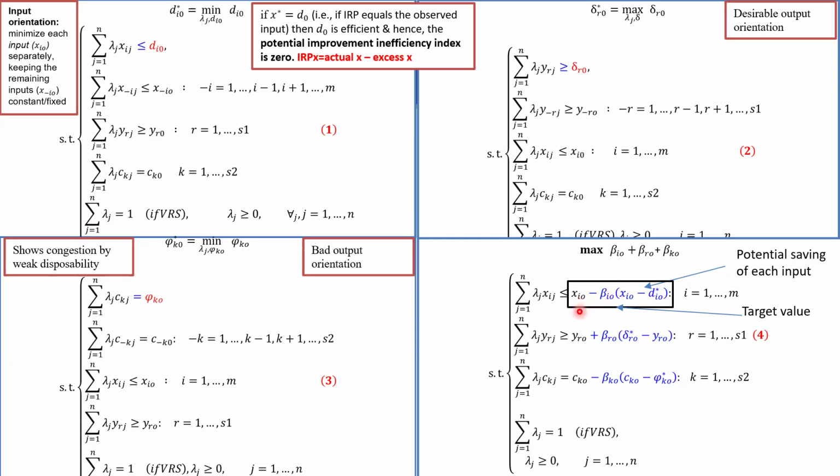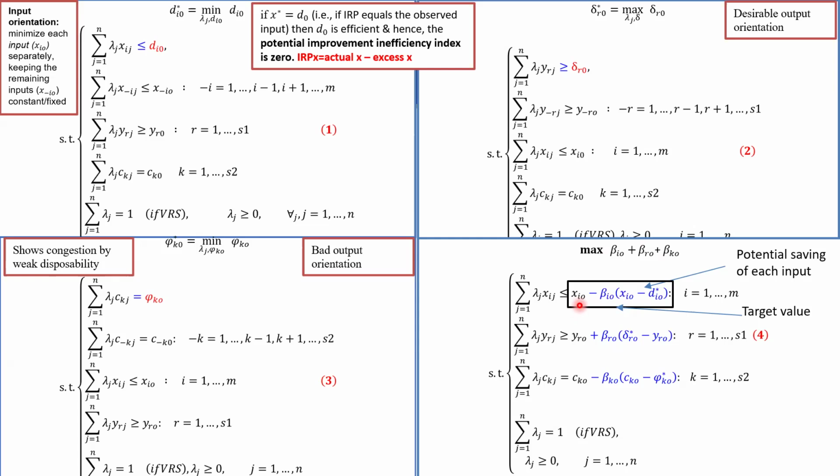What is this XI naught? What is this XI naught? In real language, Ben-Susan, what is this XI naught? The input. What input? Be specific. The desirable input. No, yeah, but what specific input? Is it a targeted input or the actual input?